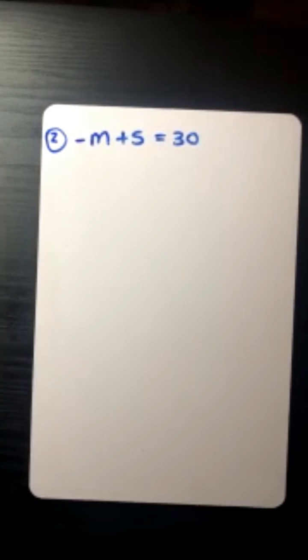So I wanted to say an unknown is just a letter, any letter from A all the way up to Z. So we do not refer to an unknown as a negative letter.